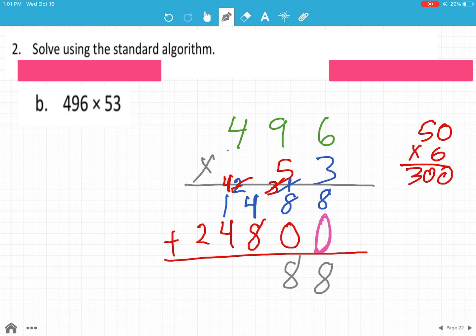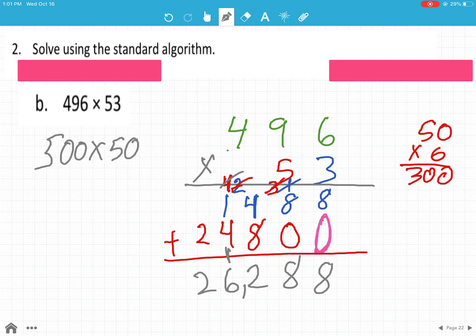Now we add. 8 plus 4 is 12. 1 plus 4 is 5, plus 1 is 6. And then add my 2. Okay, if we did a simple estimation, you should see that our estimation would be 25,000.